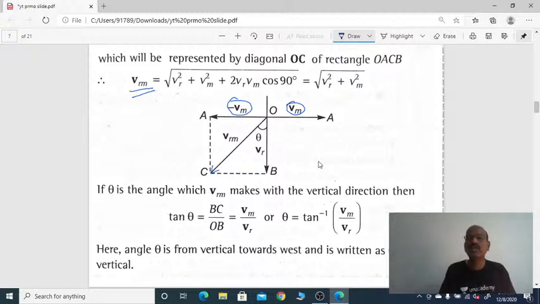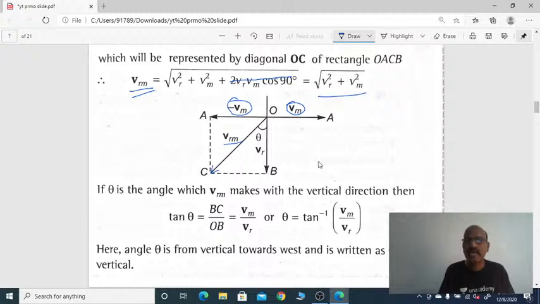Here the angle is 90 degrees, and cos 90 is 0, so this term is neglected. You directly get the right angle triangle result: the velocity of rain with respect to man is root of VR square plus Vm square.